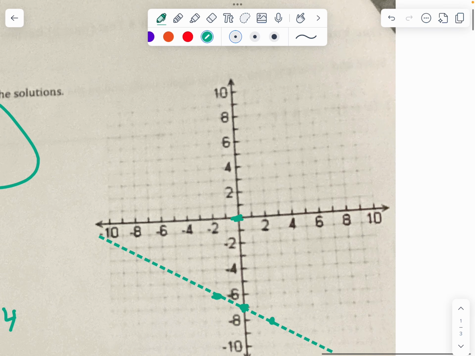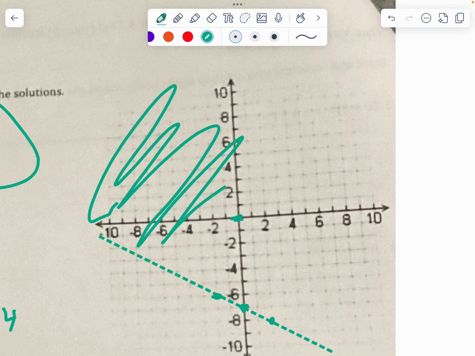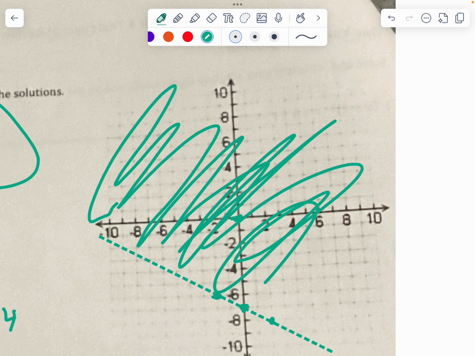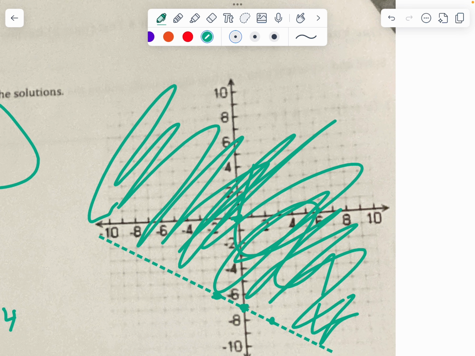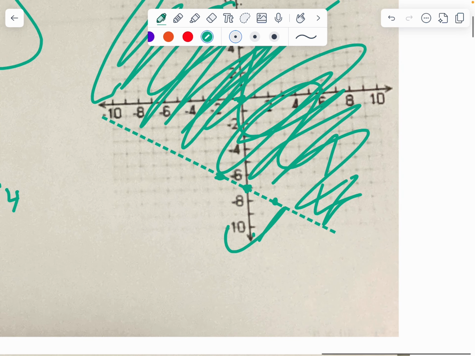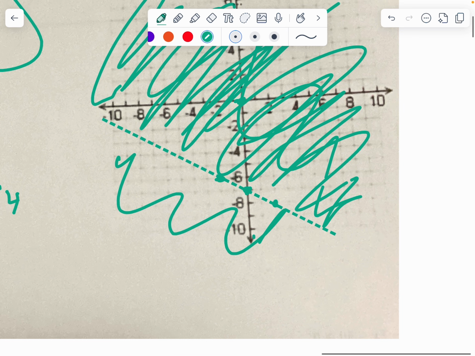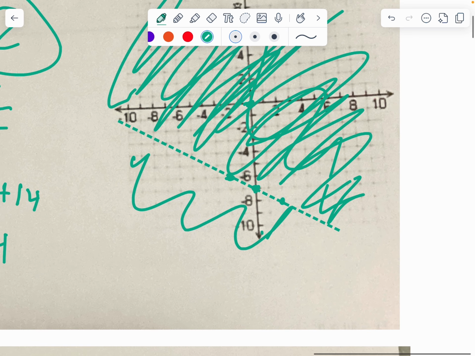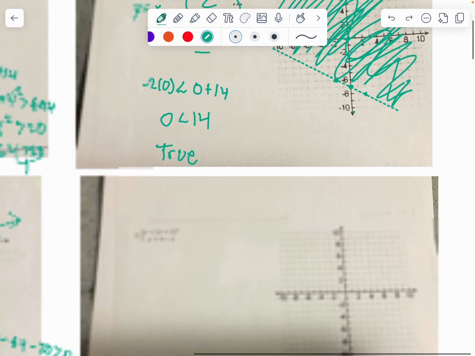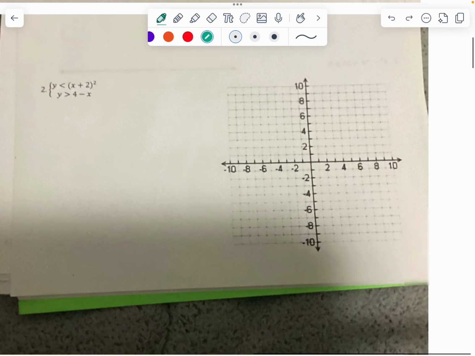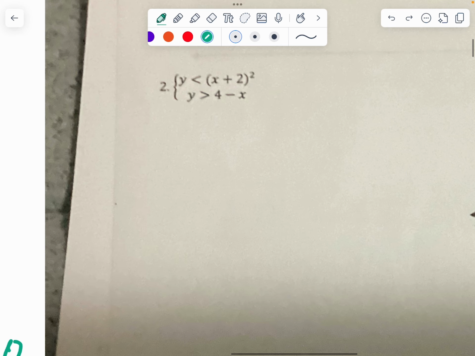So we know all of this above the line has got to be true as well. And the part down here is false, so we don't color that part in. Okay, next one.